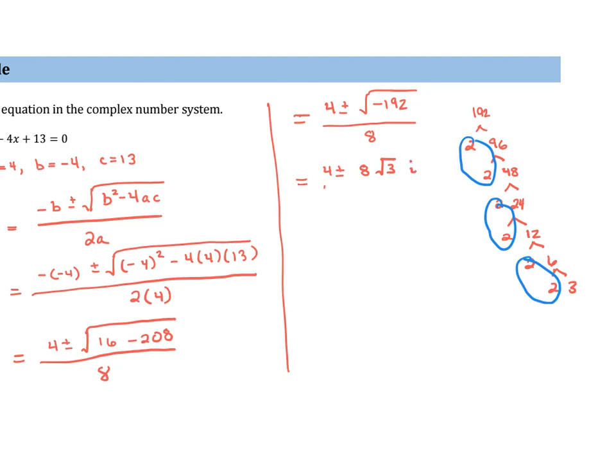So we have 4 plus or minus 8 root 3 i, all over 8. Let's split this up into real and imaginary parts. So we have 1/2 plus or minus the square root of 3 i. Make sure that the i is not underneath the radical.